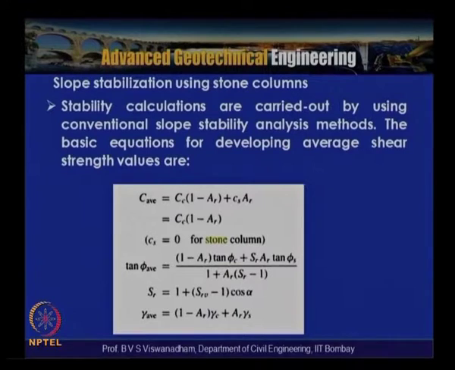So by using this method, we can find out the composite shear strength parameters or average shear strength parameters, and the stability calculations are carried out using conventional slope stability analysis methods, wherein we assume the stone columns as individual elements, and calculate properties using the average shear strength parameters, where C average is obtained as cohesion into 1 minus AR into cohesion of the stone column, but as the stone column is free from fines, that is equal to 0.